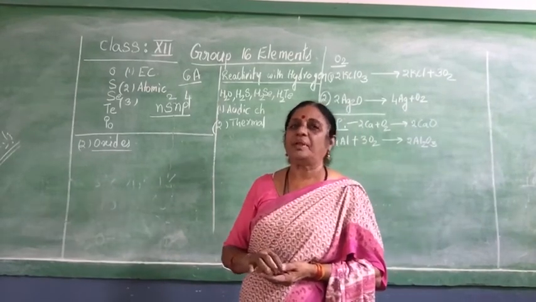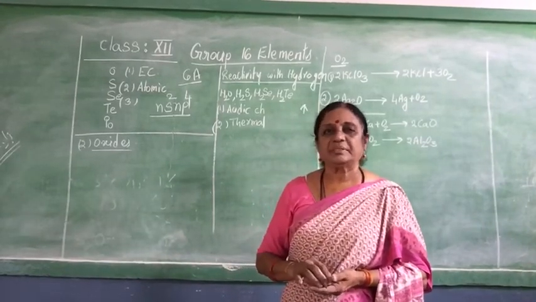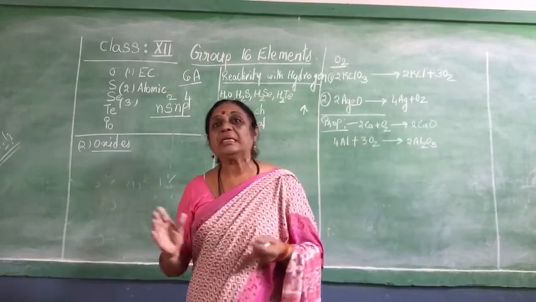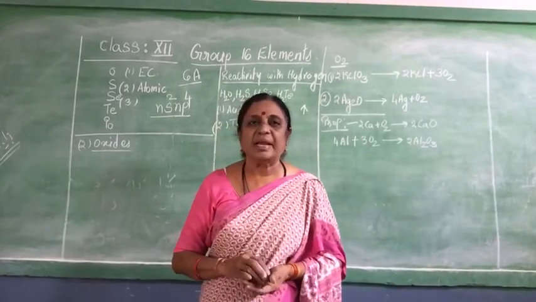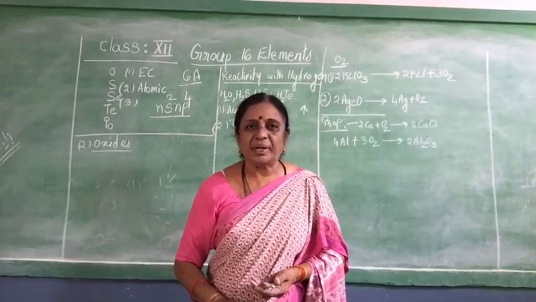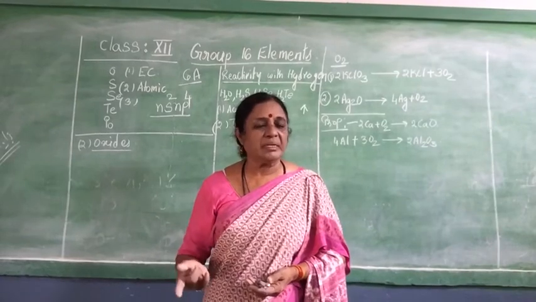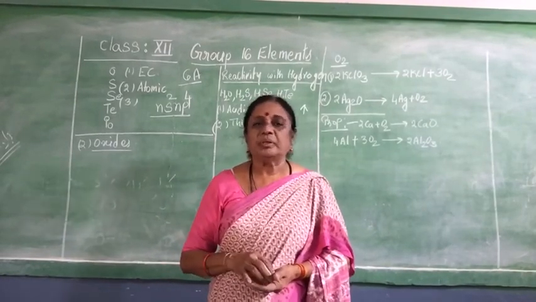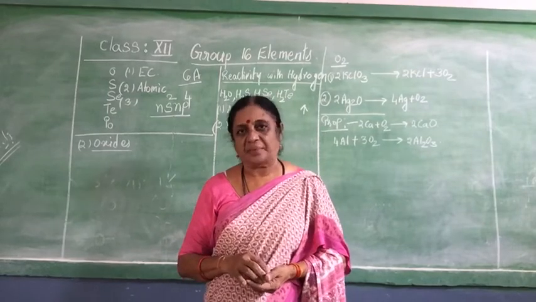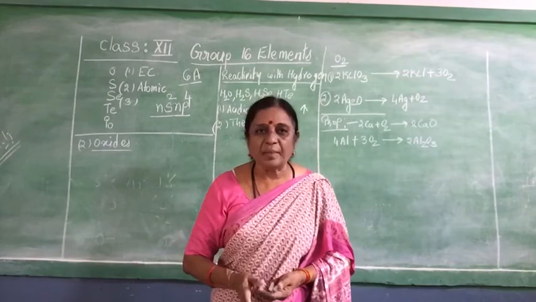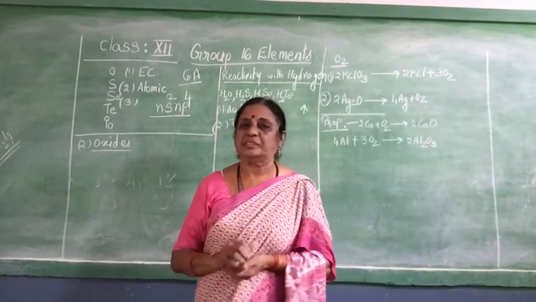Down the family, atomic size increases with increase in atomic number, because the number of shells also increases. Across, size decreases; down the family, size increases.